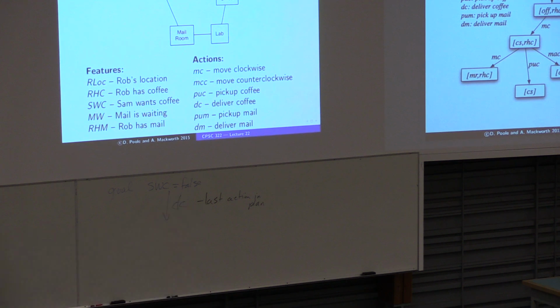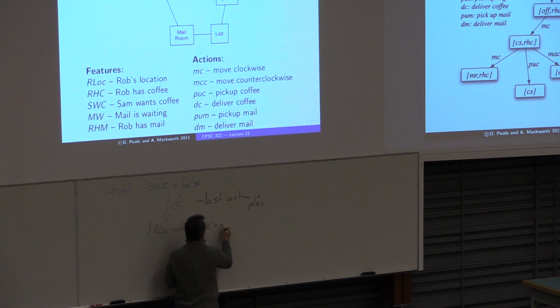So then what must be true immediately before deliver coffee? Well, if you think about the deliver coffee, what are the preconditions for deliver coffee? Well, it has to be in the office, and the robot has to have coffee, right? So we're going to write this as robot location is the office, and robot has coffee is true.